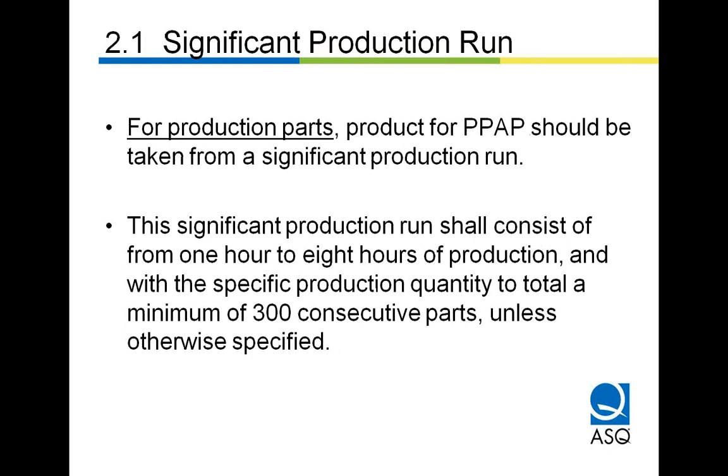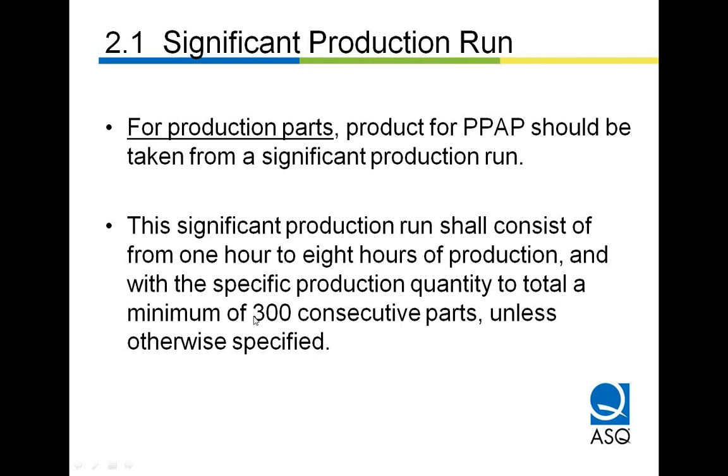A significant production run is a foundation of the FMEA, because what we're trying to do is demonstrate that the production process is capable. This production run is intended to test the manufacturing process at the cycle time, running at rate.